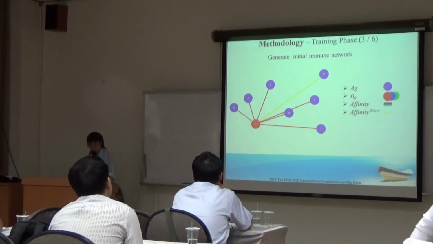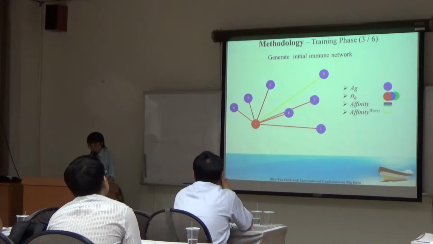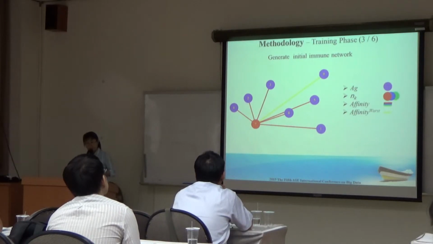Next, we calculate the similarity between point 7 and the other points. Because the similarity between point 7 and point 9 is the worst, we select point 9 as the second initial immune network.